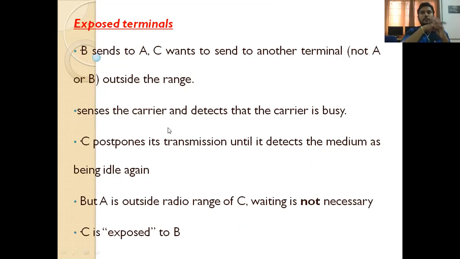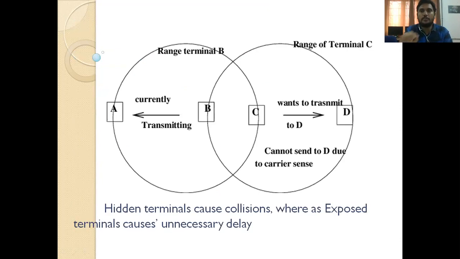Now the exposed terminal problem. What is the exposed terminal problem? For example, B wants to send data to A, and C wants to send data to D. These are separate transmissions.